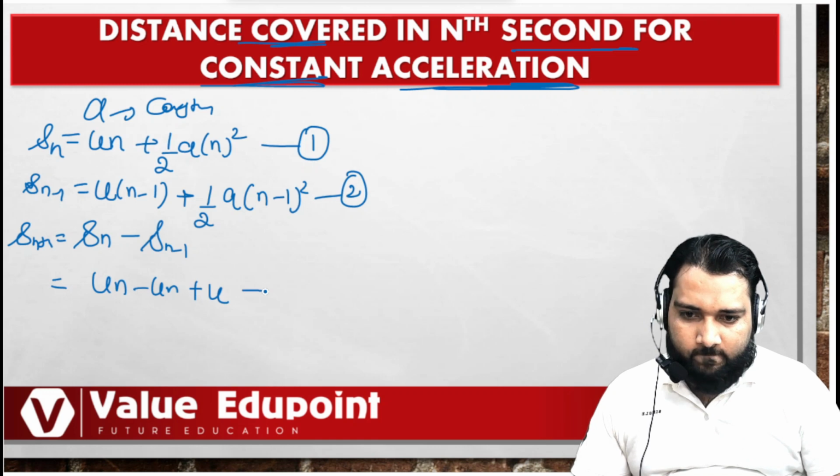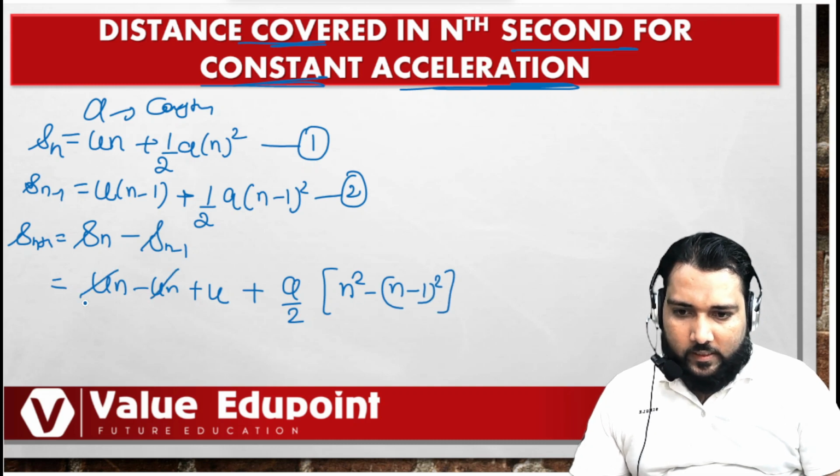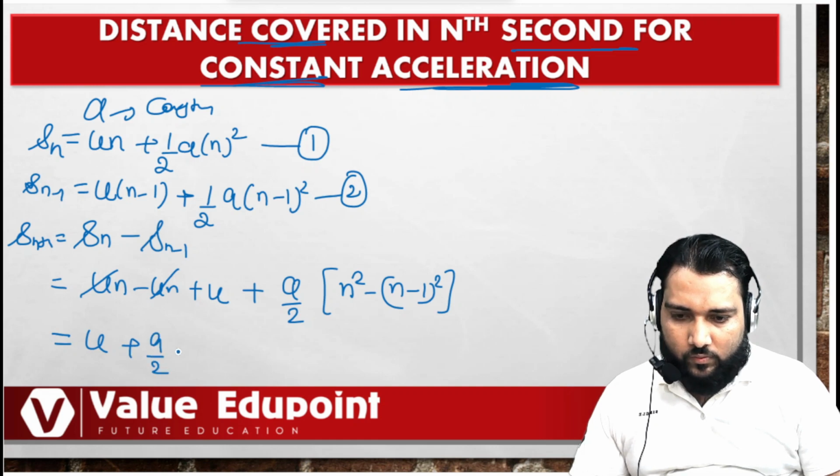Now, again, I'm taking a by 2 common here, inside n square minus (n minus 1) square. So here it cancels out, and it comes out to u plus a by 2.